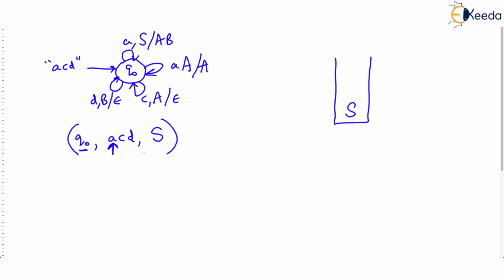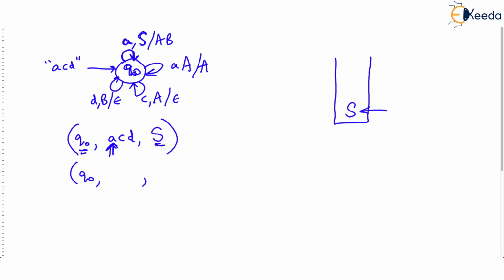So what's the triplet we are having? Q0 is reading a from the input and top of the stack is S. Yes, top is S. So do you have this triplet Q0, a, S? Yes, of course. Then the machine stays in Q0.